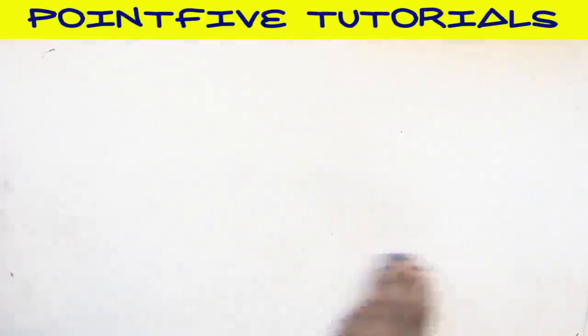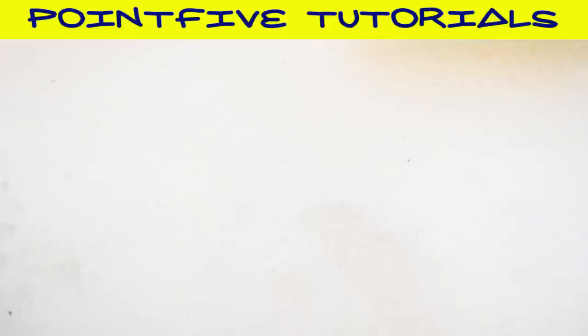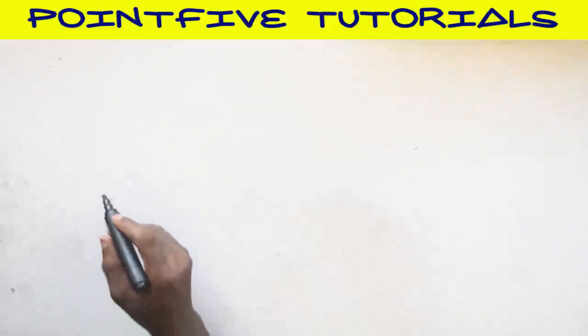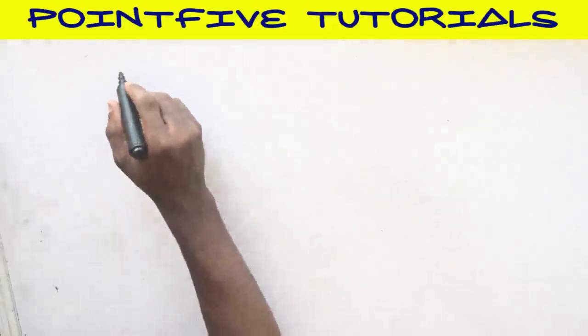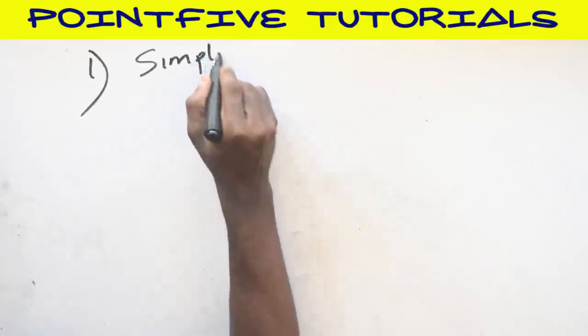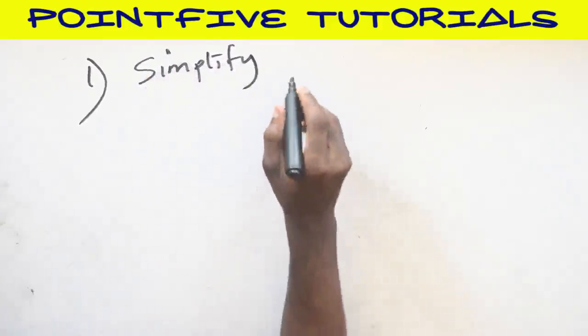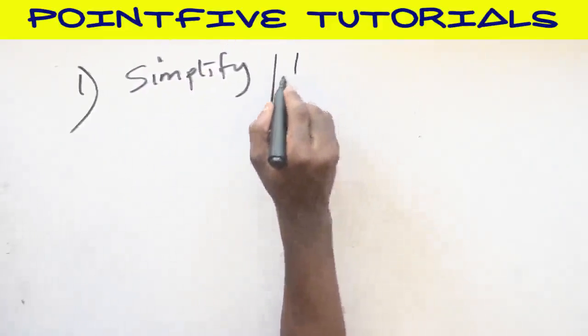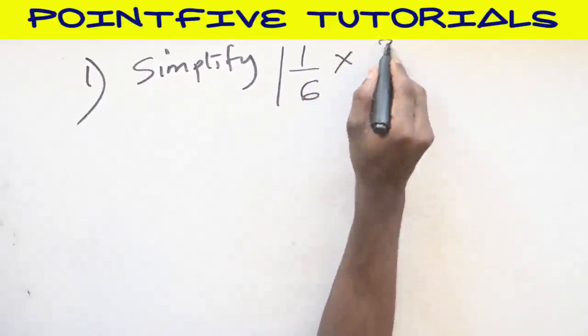Alright, from henceforth, I will give you guys assignments to see how many of you will be able to get it right. And in case you are still finding it difficult to grasp this, keep me posted. So here we go. Assignment number 1 is to simplify 1 whole number 1 over 6 multiplied by 2 over 8.